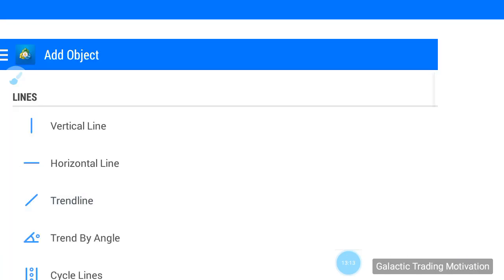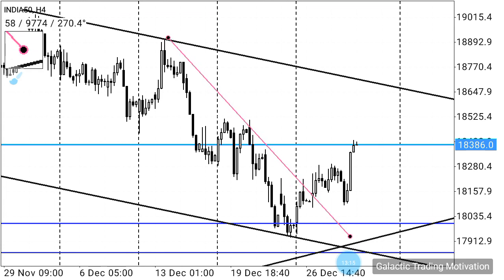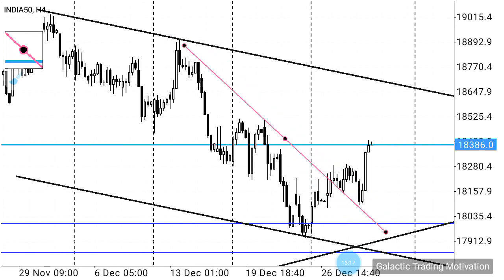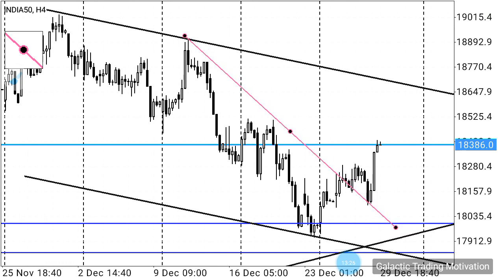I'm just going to add an inner trend line at this point just to see if we can further make sense of what's going on as far as this chart goes.